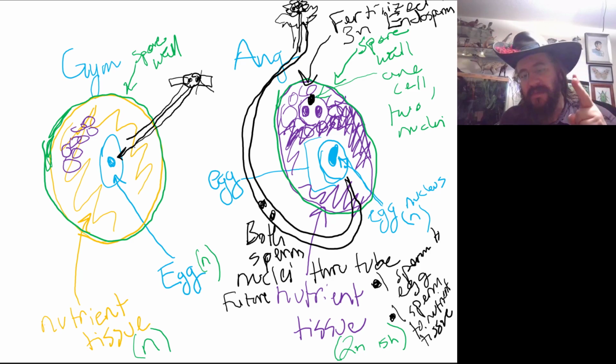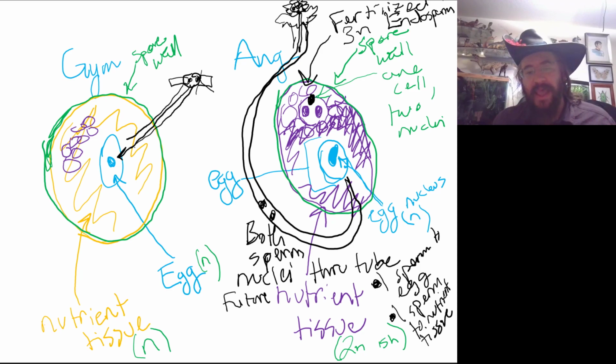Double layer of integument, right? Binucleate nutrient tissue that gets fertilized to become triploid endosperm. Endosperm is actually significantly more nutrient rich than the haploid nutrient tissue in gymnosperms.